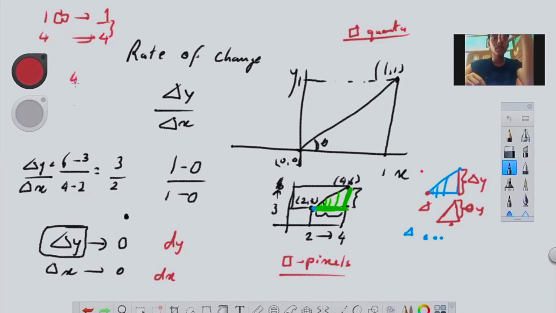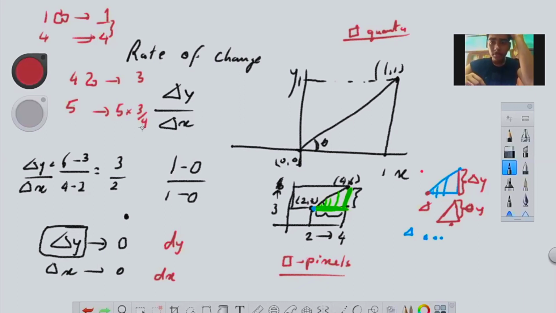Now if they say 4 apples are eaten by 3 men, then 5 apples will be eaten by what? We write here 5 into 3 by 4, right? Do you do 3 by 4 or 4 by 3?